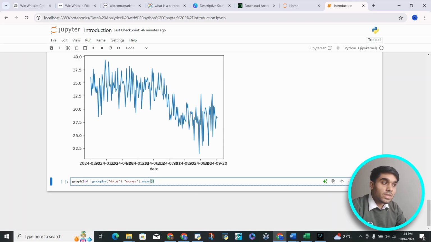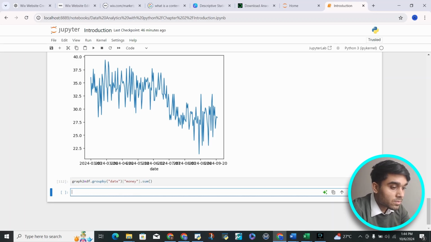Now let's say on some other day you're getting a transaction value of 20, but the transactions that happened are only 3. So the revenue that you're getting on a particular day would be 60 only, right? But the average sales point is going to be on the higher end. So we want the sum here, and I want graph 2 to be displayed to me.